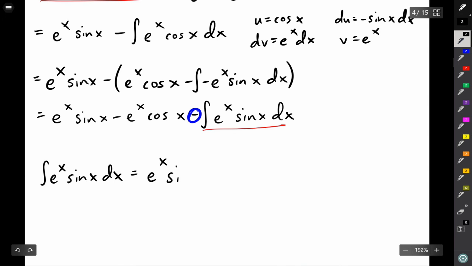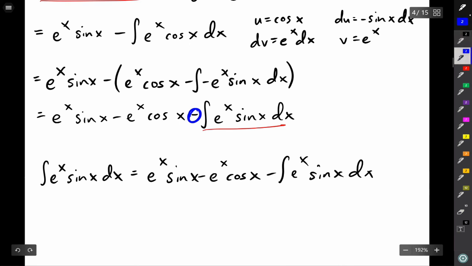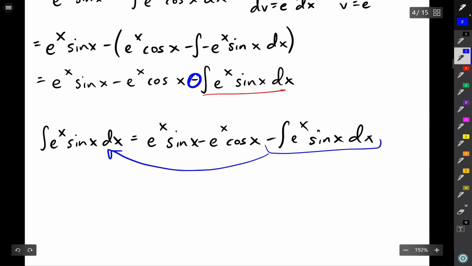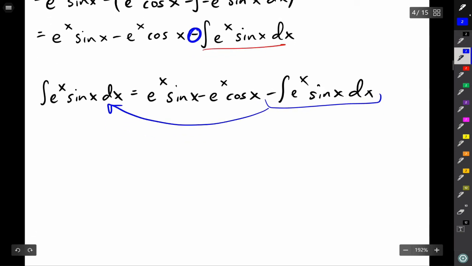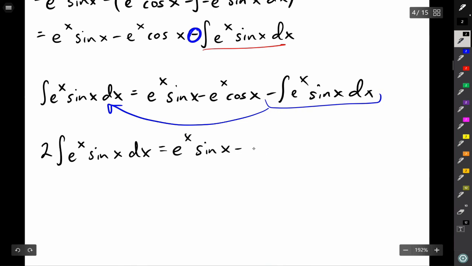So e to the x sine x minus e to the x cosine x minus the integral of e to the x sine x. Maybe it's a little easier to see here, but what we're going to do is take this part and add it to the other side. What that does is gives us 2 times the integral of e to the x sine x dx is e to the x sine x minus e to the x cosine x.